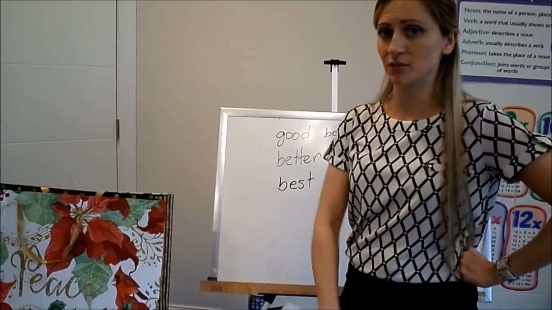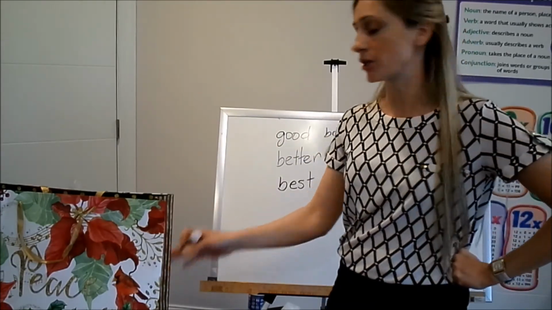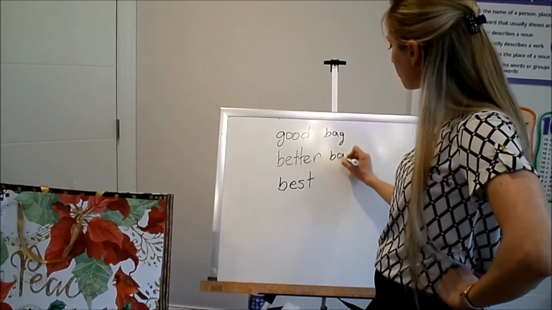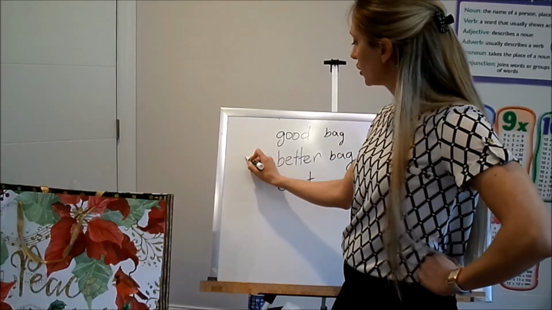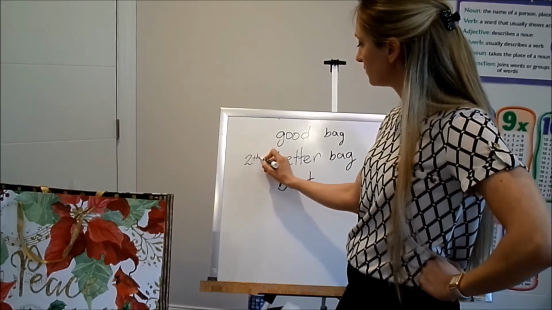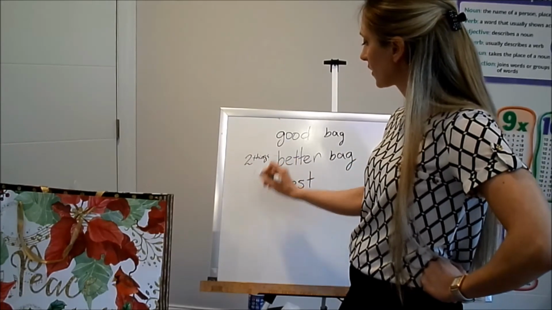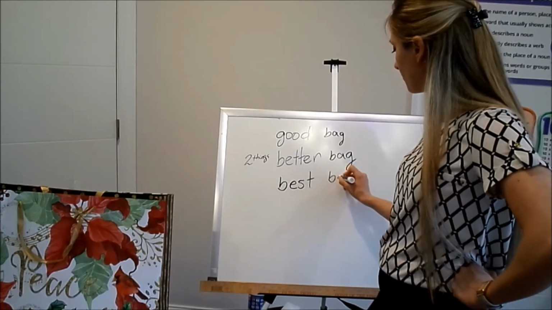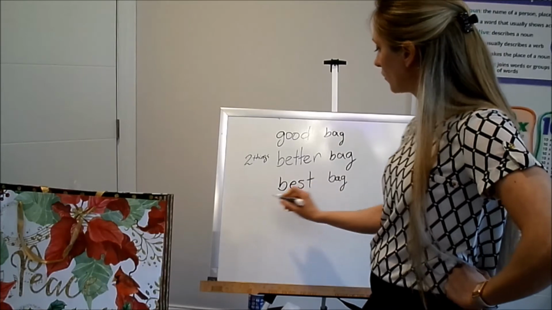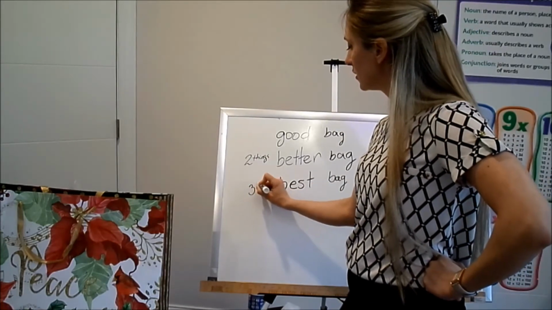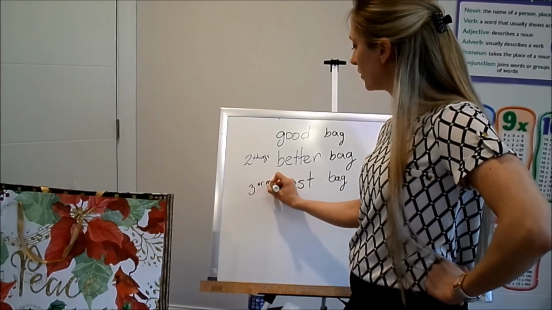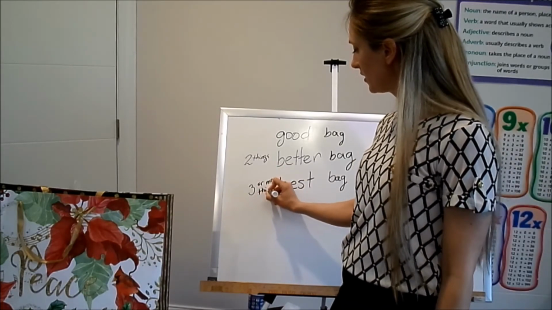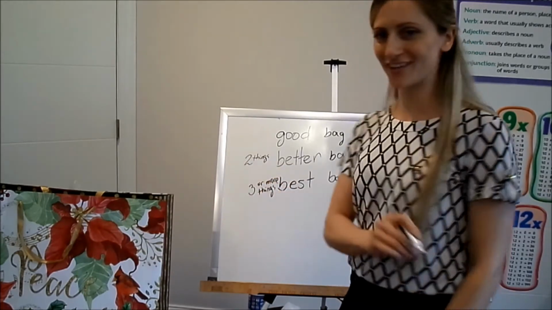Some adjectives completely change when you start comparing. So, a good bag, a better bag, when you're comparing two things, and best bag when you're comparing three or more things. Okay? I want you to remember that.